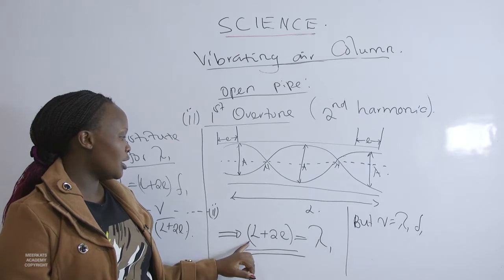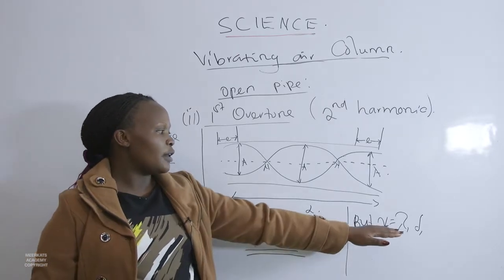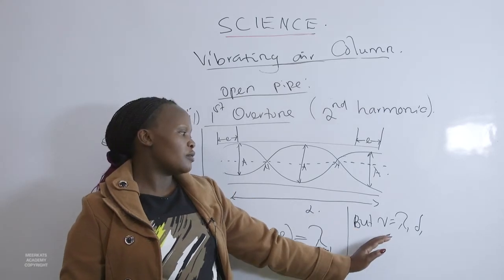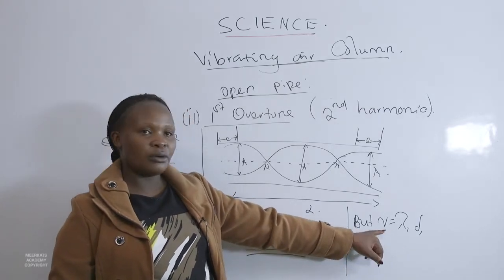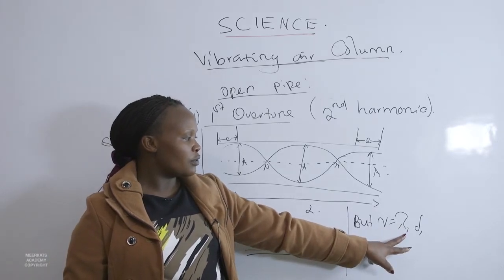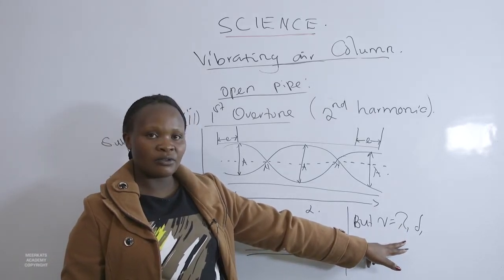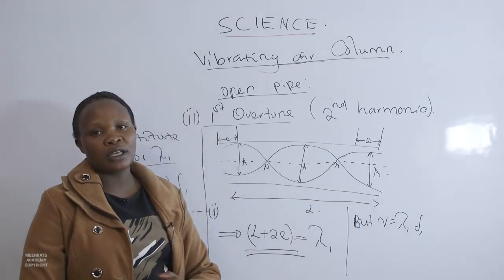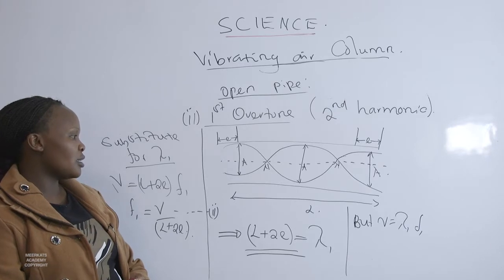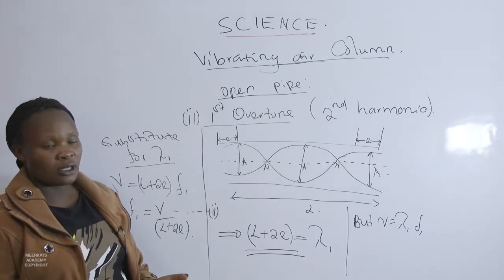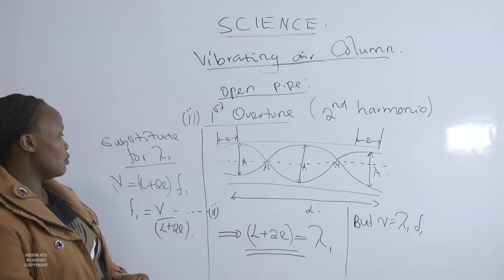Then we feed that expression into the relationship that gives us v, the speed, as a function of lambda 1, the wavelength, as well as the frequency of the first overtone or the second harmonic, if you may.